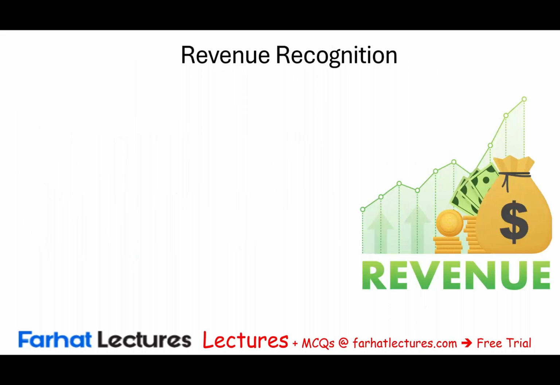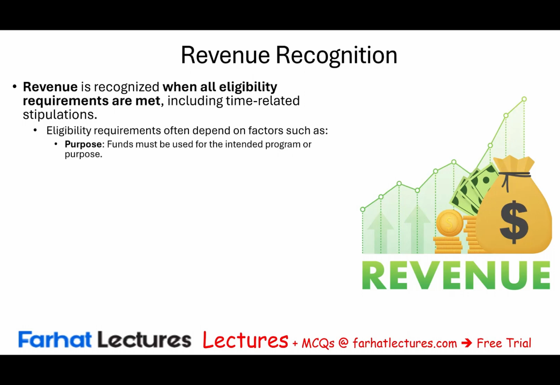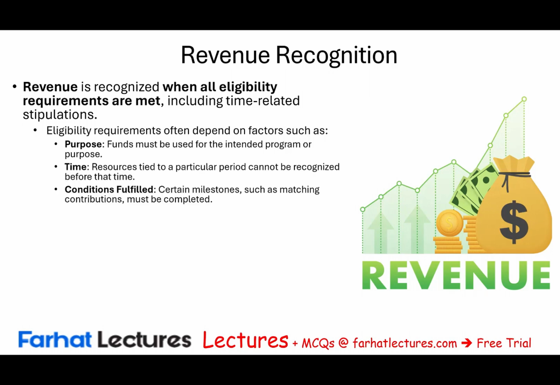Now, how about the revenue recognition, the accounting part? Well, revenue is recognized when all eligibility criteria are met, including time-related stipulations. So we still have to stick with that. Eligibility criteria often depend on factors such as purpose, where funds must be used for the intended program, or time. Whatever it is, you have to meet the eligibility criteria. And here you have condition fulfilled.